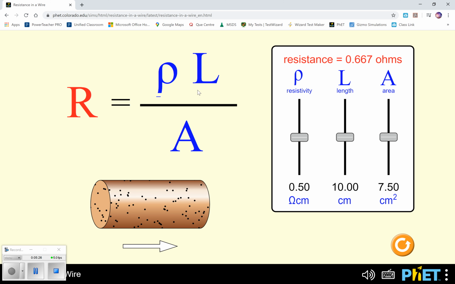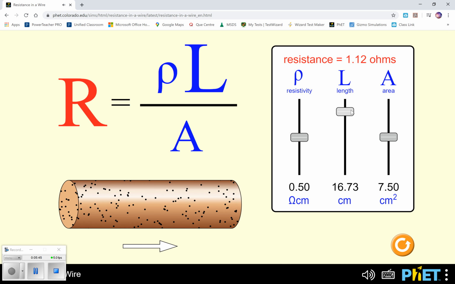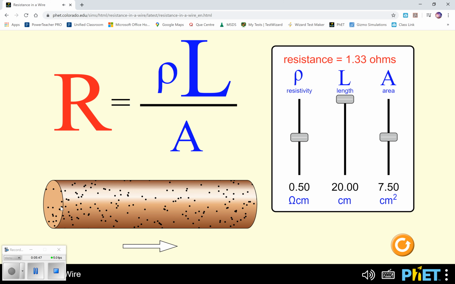Now, we're talking about here the length of the conductor compared to its resistance. We said that they were directly proportional, length being in the numerator of our relationship here. So if we increase the length of this wire, we should see resistance go up. As electrons are trying to move through this wire, they're bumping into other atoms.